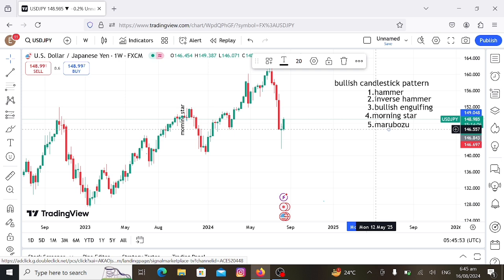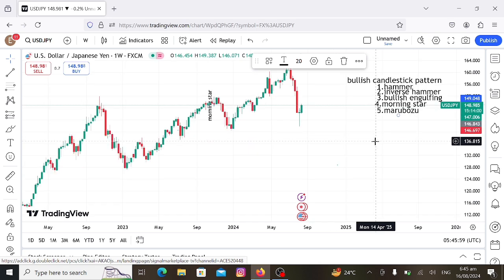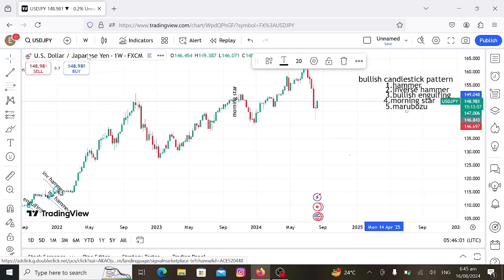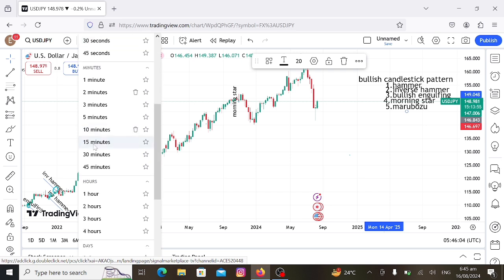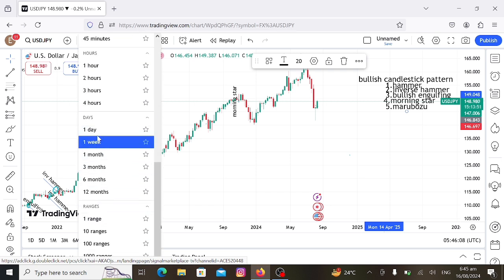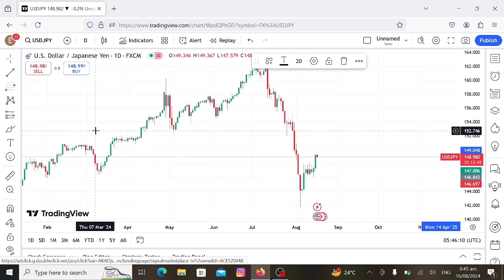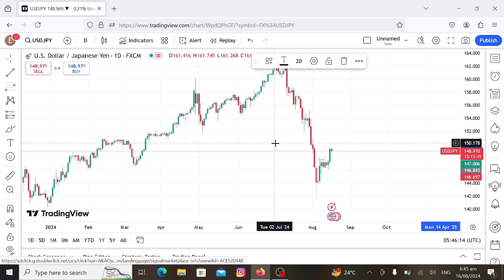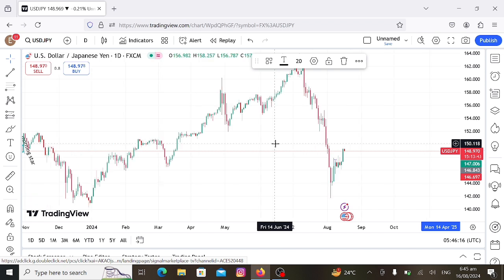So when you want to trade this candlestick pattern, what you use is the daily time frame. This is number 5.